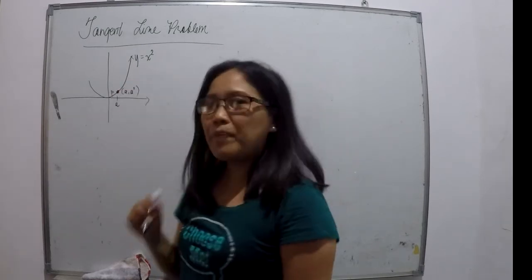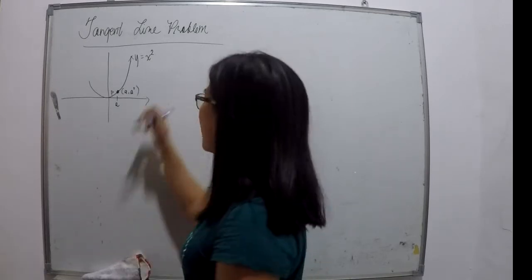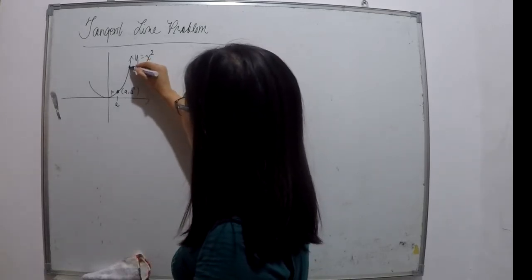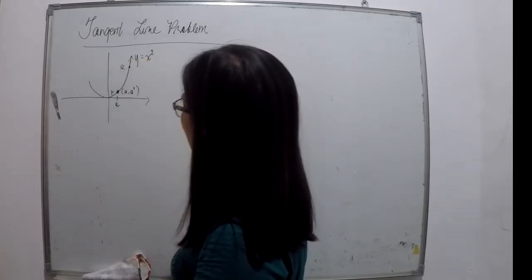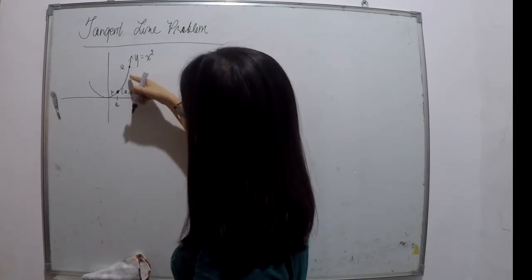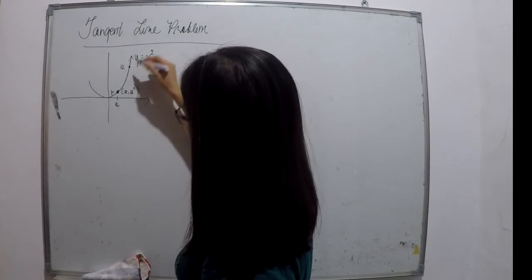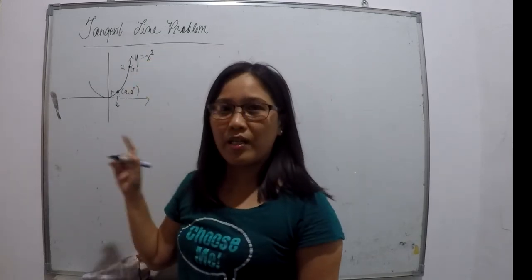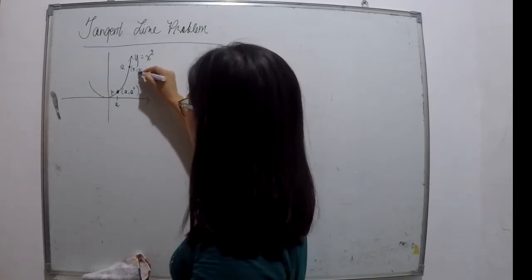Now we pick another point in the graph, let's say point Q. Suppose the x coordinate here is x, then the function value is x squared.